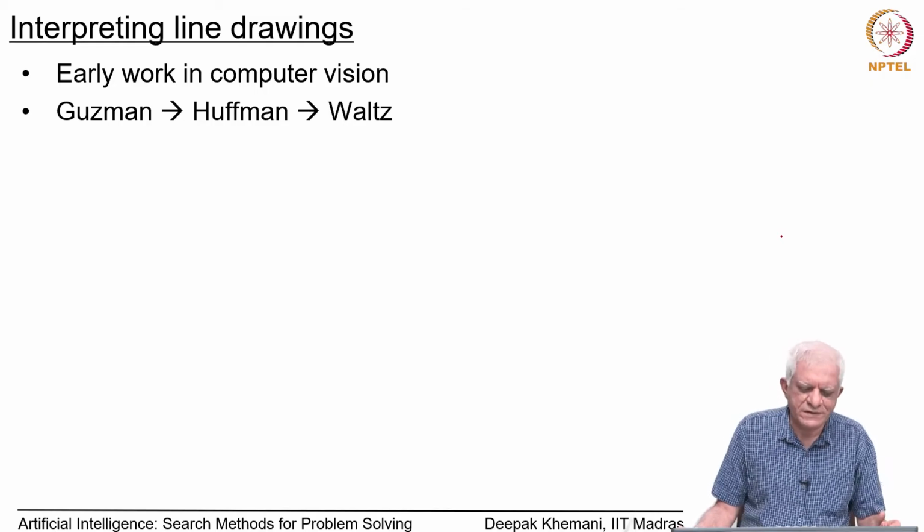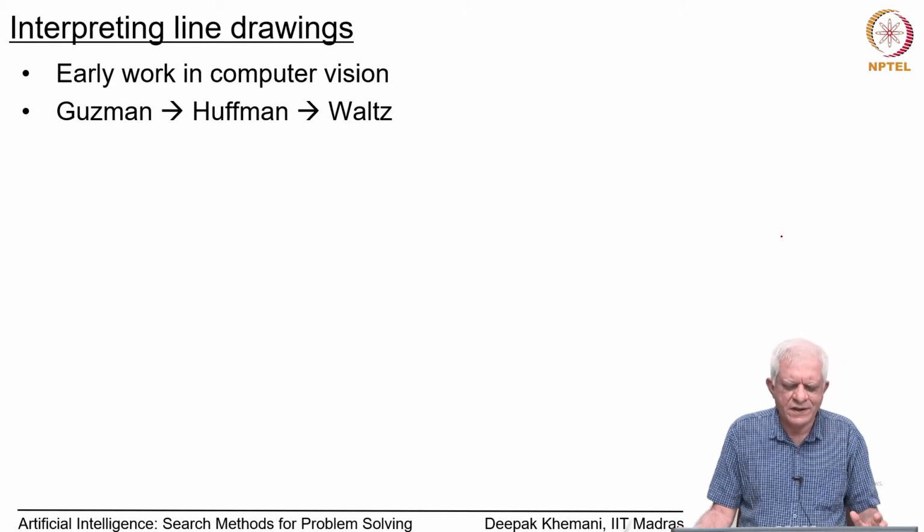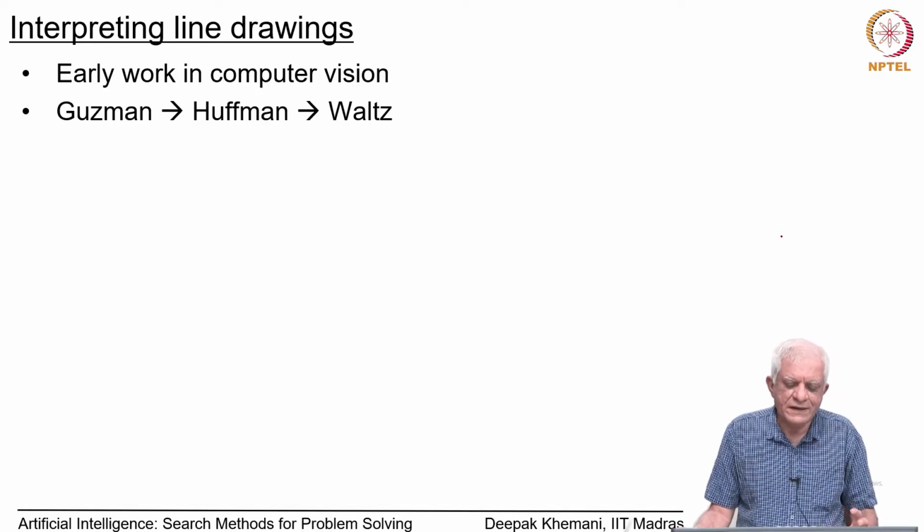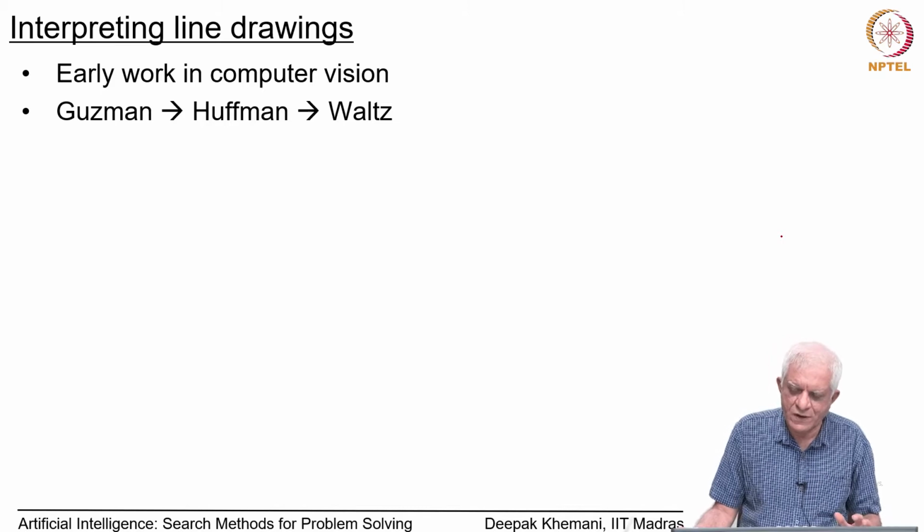So, he started with his work on interpreting line drawings, and that was part of his PhD work. Then it was not making too much progress, and then along came Huffman. Huffman you may be familiar with if you have studied Huffman codes, the same Huffman. He was a mathematician, and he was trying to formulate the problem in a well defined way, which is what we will look at now.